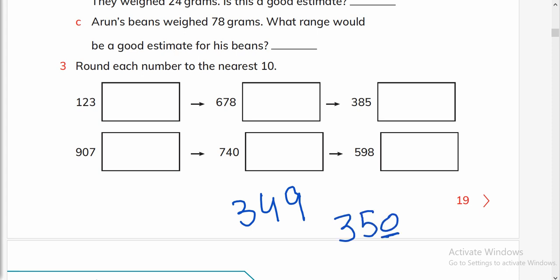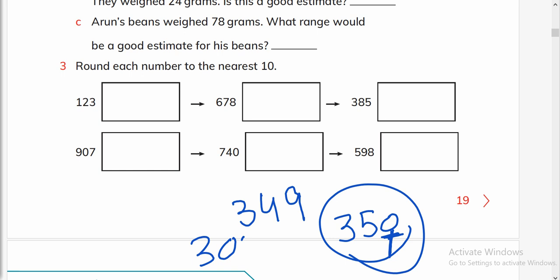You must have at least one zero at the end. It means you are rounding it off to tens. But if you are rounding it off to hundreds, then it will become 300. Rounding off to hundreds means you should have at least two zeros at the end.